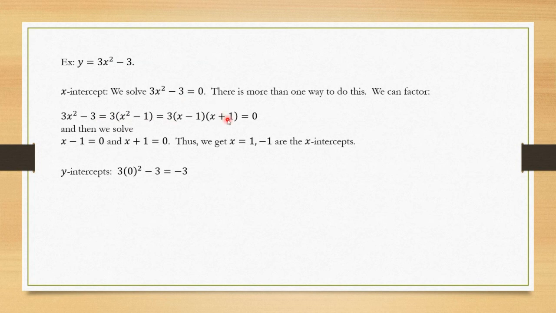Not 3, of course. 3 can't be 0, so we disregard that. x minus 1 we set to be 0, and x plus 1 we set to be 0. From the first one here, we get 1 as a solution. From here, we get negative 1. So I didn't graph it, but this has two x-intercepts, 1 and negative 1.